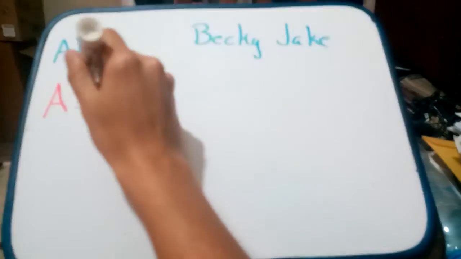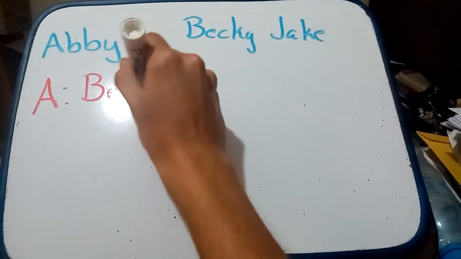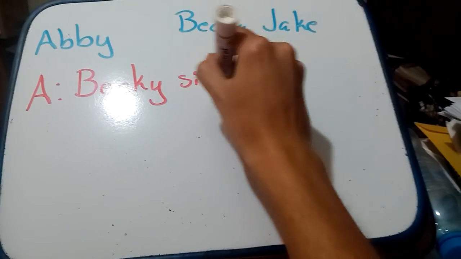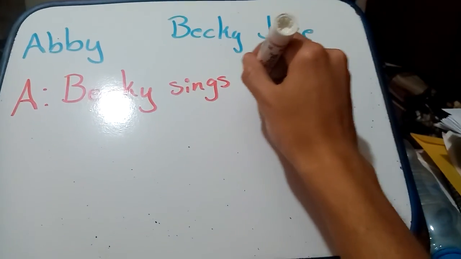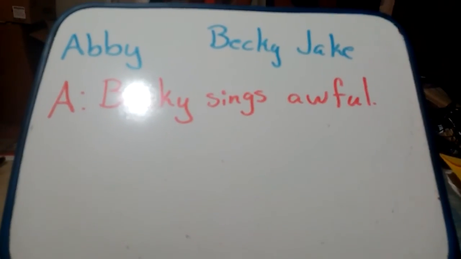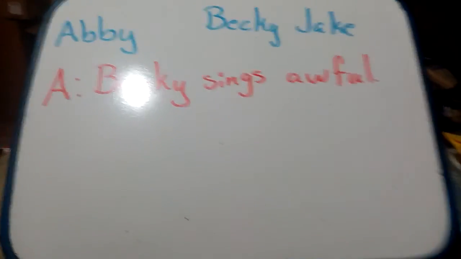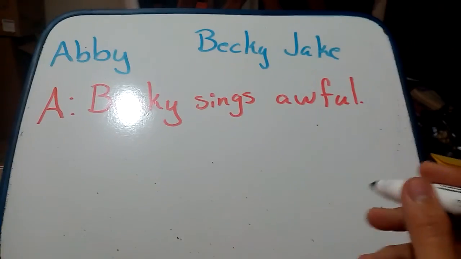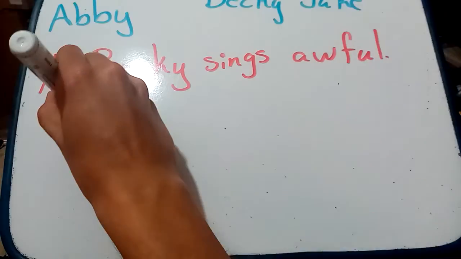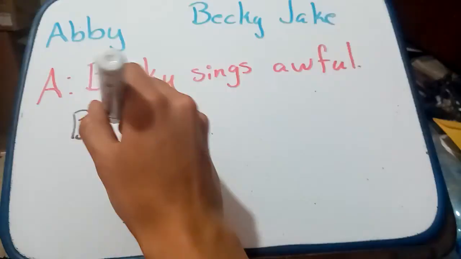Abby says, Becky sings awful. Okay, so we have here our sentence. What happens then? Well, I can have different scenarios. For example, Becky can use this sentence to create a reported speech.